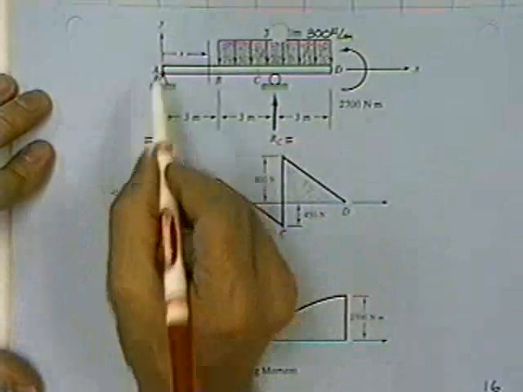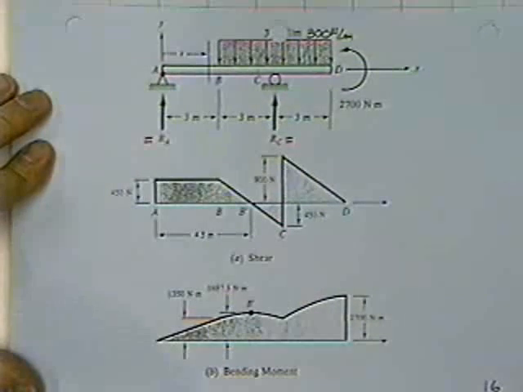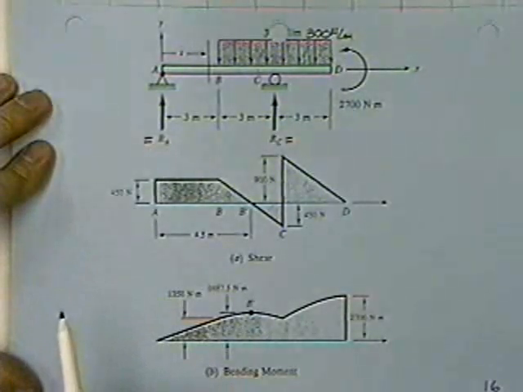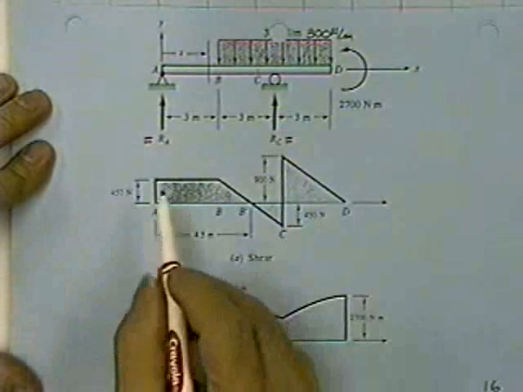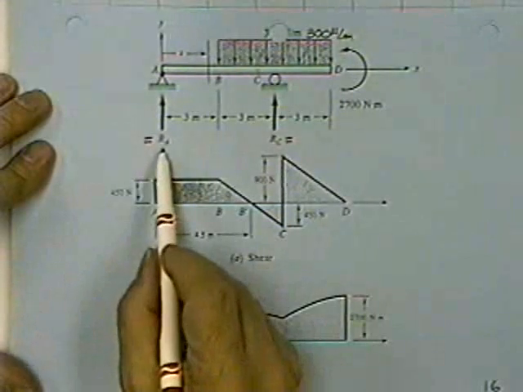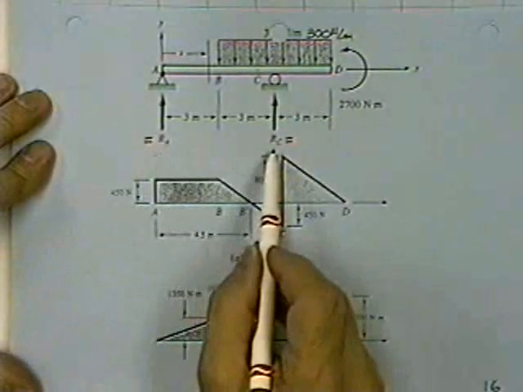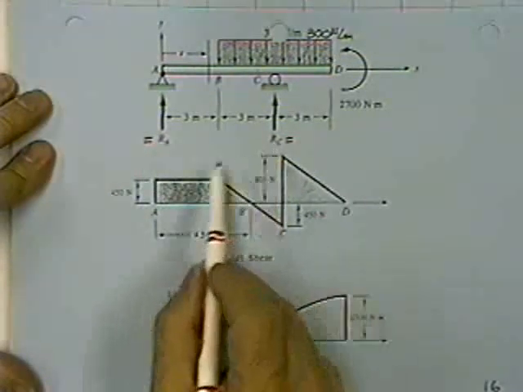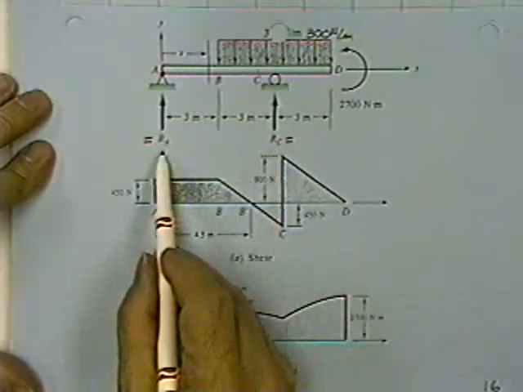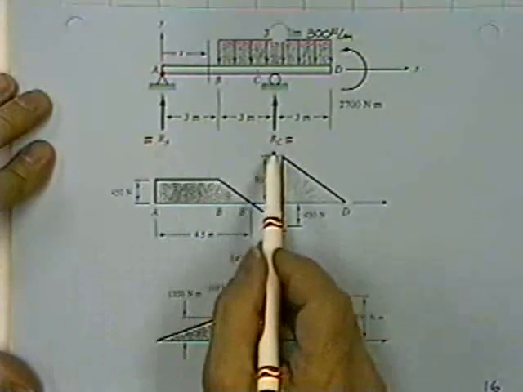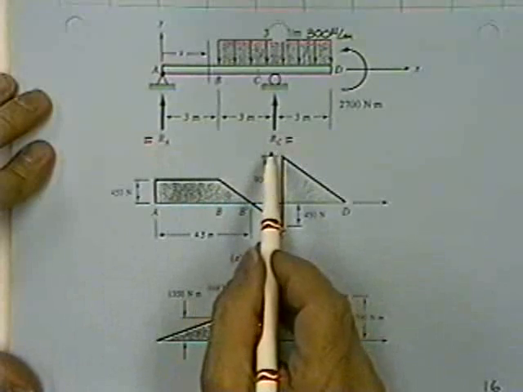You'd be best off to sum moments about one of the reactions. You can sum moments about just about any point you like, but if you get rid of one of the reactions, then it's a lot easier to solve for the other one. So I'm going to sum moments about point A to solve for the reaction at C.